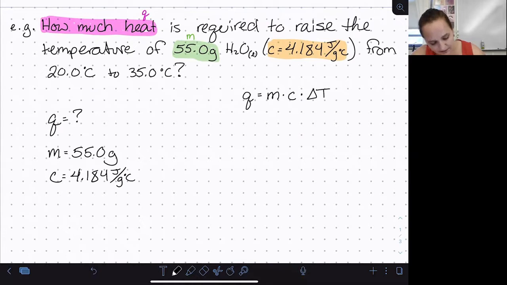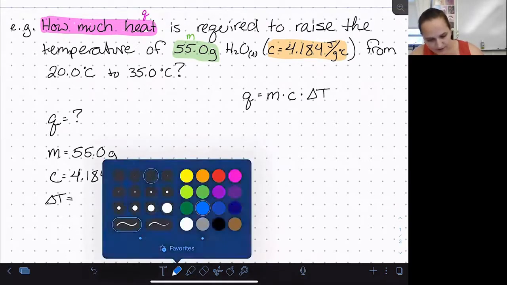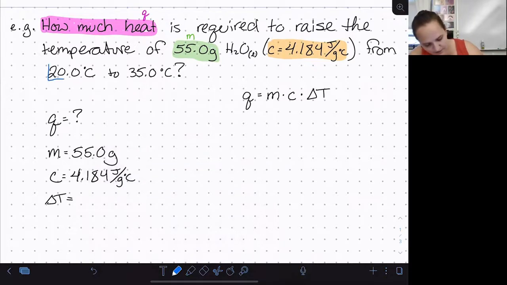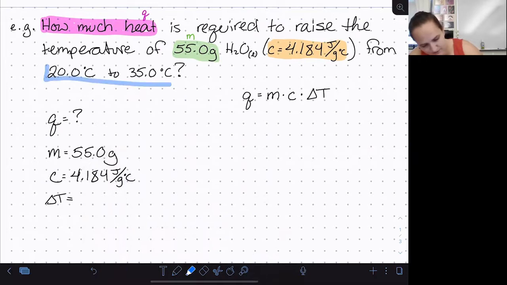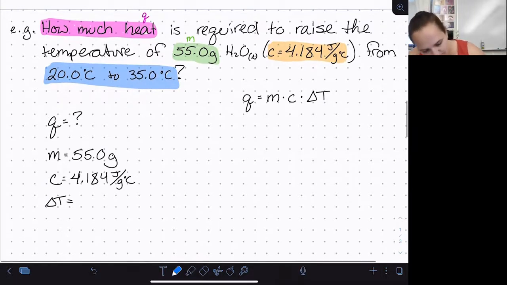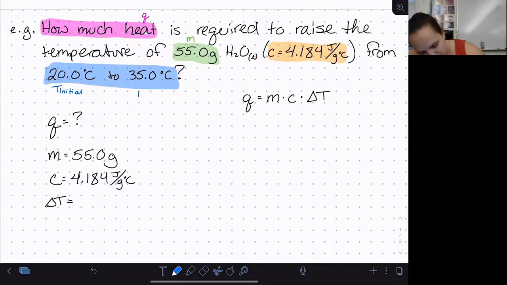And then delta T, we're not given directly, but we're told that we're looking to increase the temperature from 20 degrees Celsius to 35 degrees Celsius. That is enough for us to figure out delta T. We're starting at 20 degrees, so that's our initial.